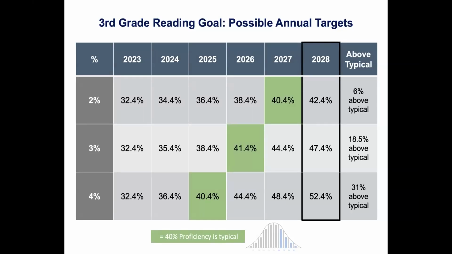But the end target in 2028, I think makes sense. And if we're going to make one thing the main thing and be overly ambitious, this has got to be it. And again, a 2028 goal of 46.4% would be 16% above typical growth nationwide, which would again be cause for fireworks and celebration.